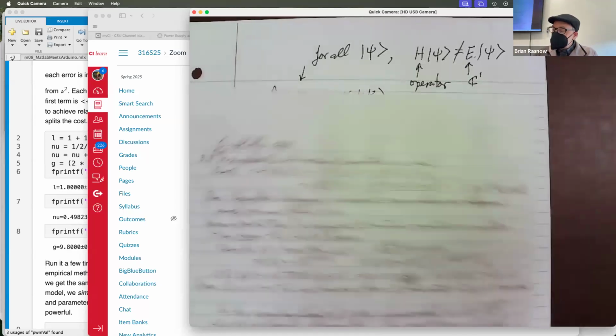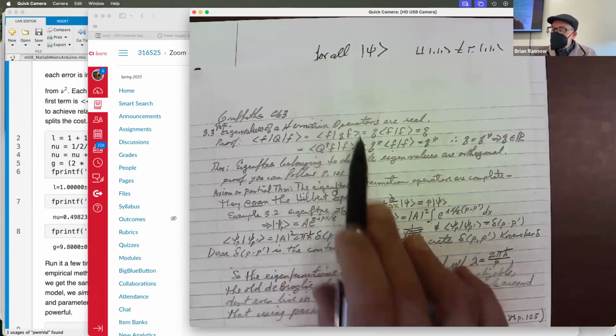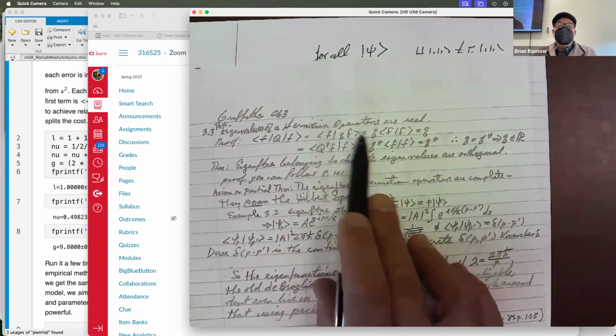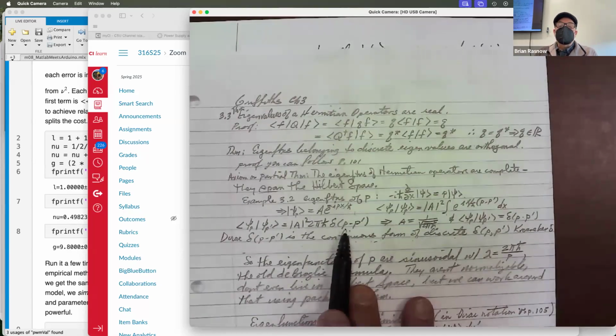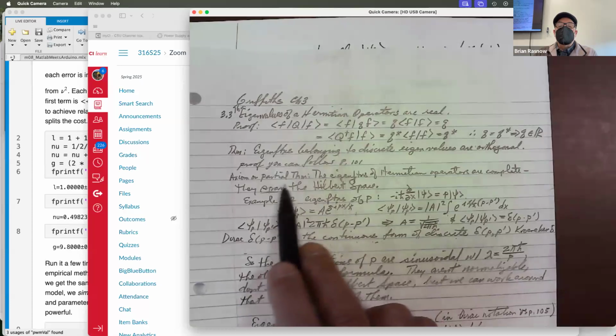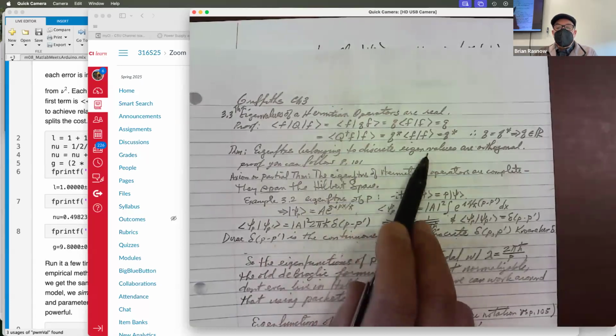What we found here is that Hermitian operators have real eigenvalues, and so those are the things that can correspond to observables. And also another theorem: eigenfunctions belonging to discrete eigenvalues are orthogonal.